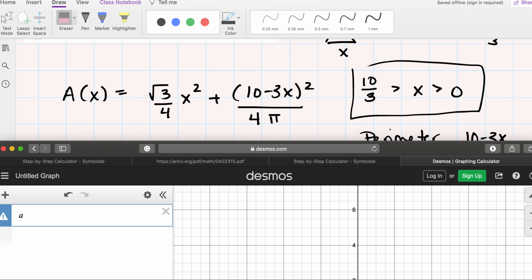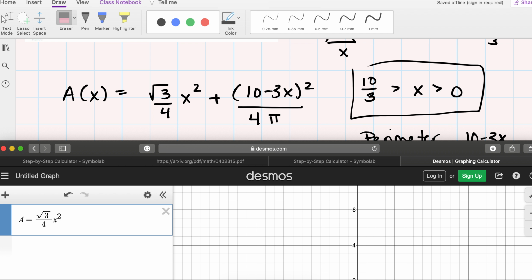So A is equal to square root 3 divided by 4 x squared plus (10 minus 3x) squared over 4 pi. So you can just type in pi for pi.